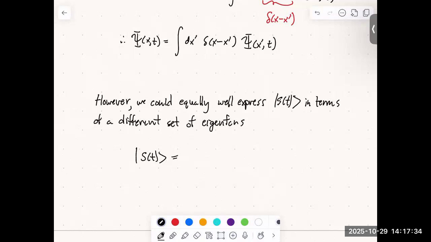Well, I would do the exact same approach. I'm going to multiply S by the identity operator, but I'm going to express that identity operator in terms of the momentum eigenfunctions. And so it'll look something like this.